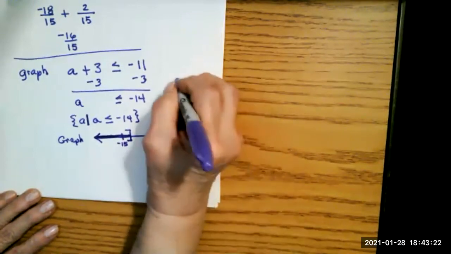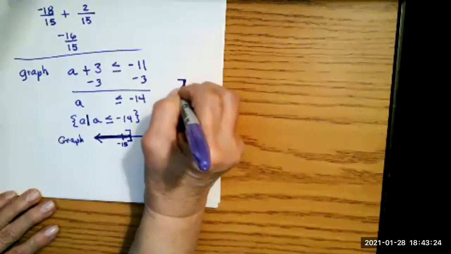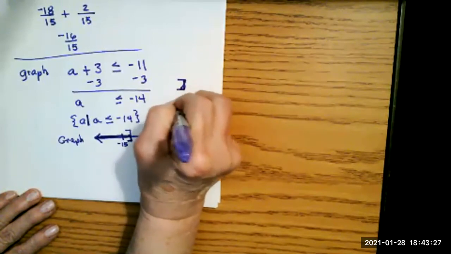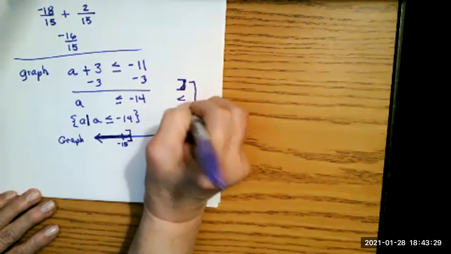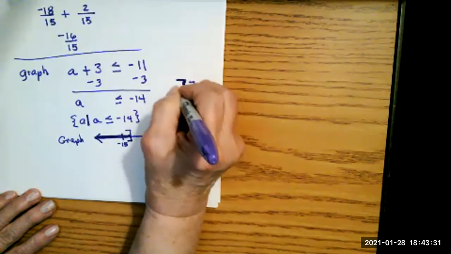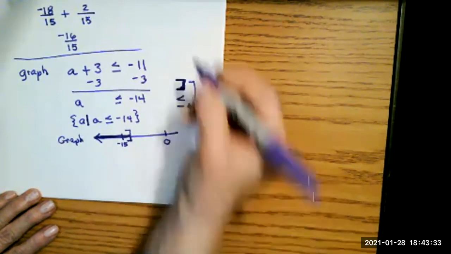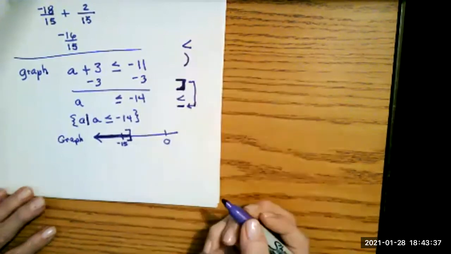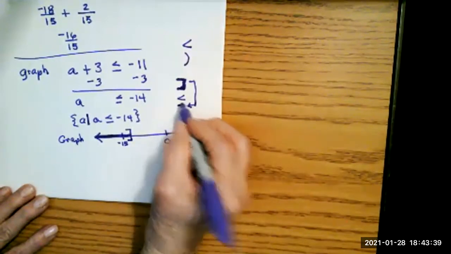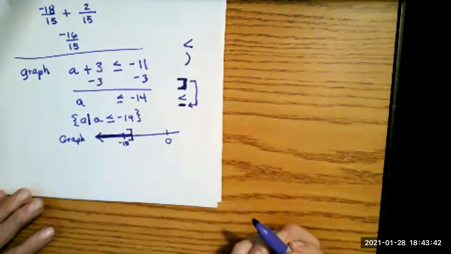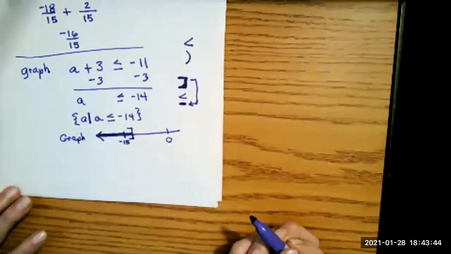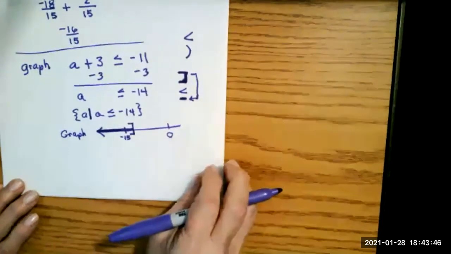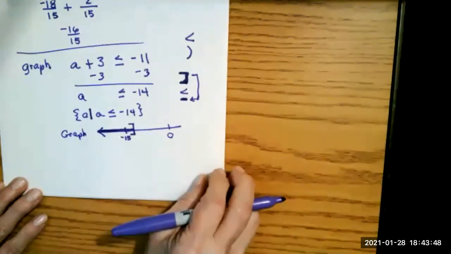You use a bracket if it has that less than or equal to. This equal to sign underneath here makes you have a bracket. If it's just less than, you will have a parentheses. But if it has this equal to bar underneath your inequality, then it'll make a bracket at your border or your boundary. So that's the way the graph should look.